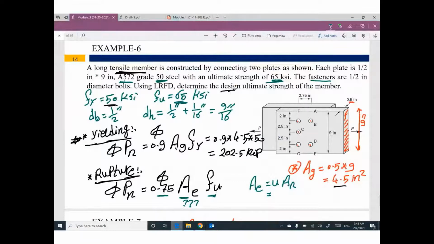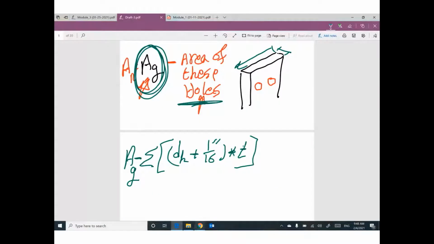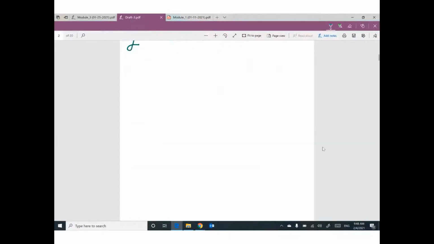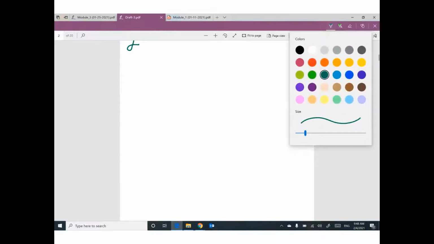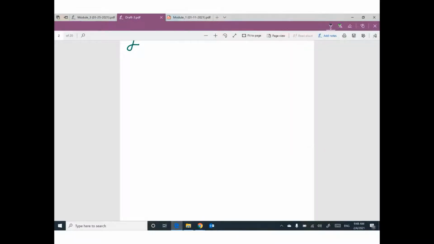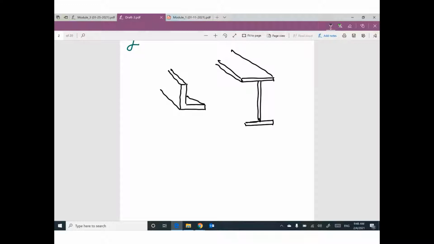Guys, I told you before, we have an issue with the member. It looks like this, or looks like this. For example, an I-beam.